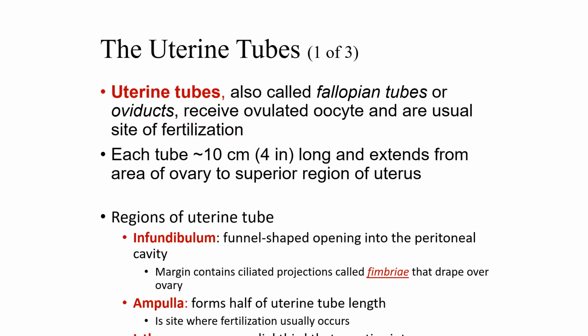Usually fertilization takes place in the uterine tube. We've already talked about the infundibulum, and the infundibulum has fimbriae, and these are finger-like. They're ciliated. Okay? We have the ampulla. Usually we are going to have fertilization occur there in the ampulla.